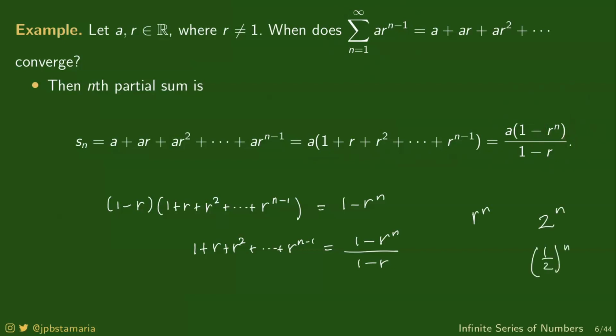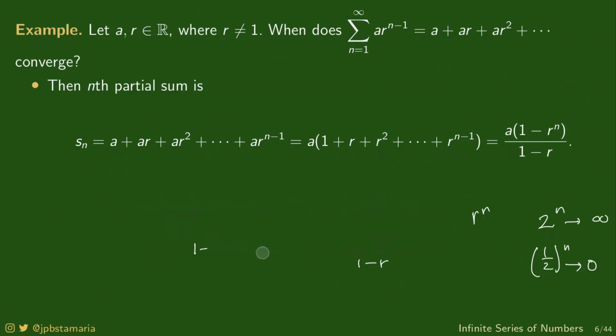No? Diba ito may limit, nag-0, pero ito nagda-diverge sa infinity. Ang tanong, for what values of r is the power r to the n convergent? Sino nakakaalam? For what values of r nagkakaroon ng limit ang r to the n?